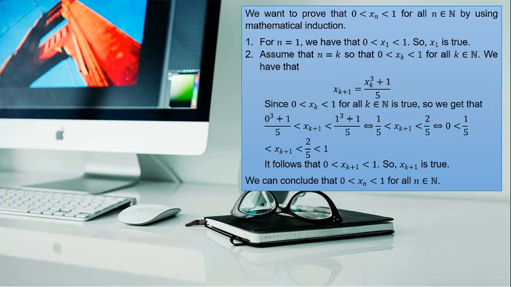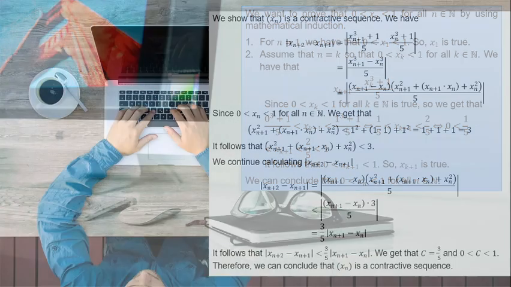And we know that 0 < 1/5 < x_{k+1} < 2/5 < 1. It follows that 0 < x_{k+1} < 1. So the statement for x_{k+1} is true. Therefore, we can conclude that 0 < x_n < 1 for all n element of natural number.